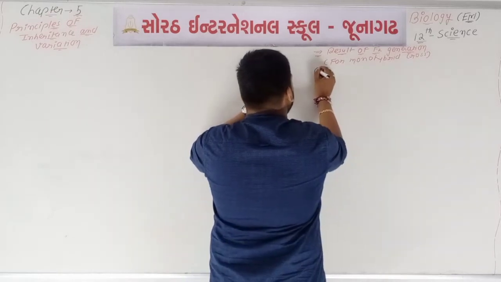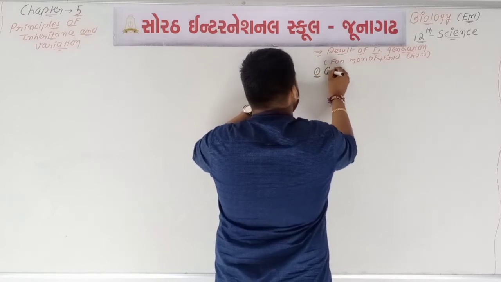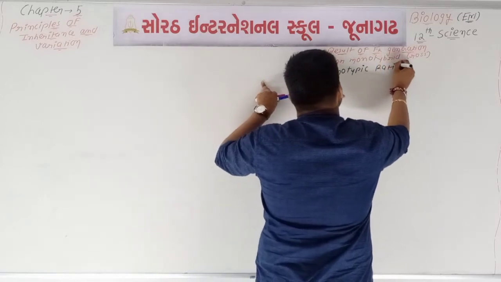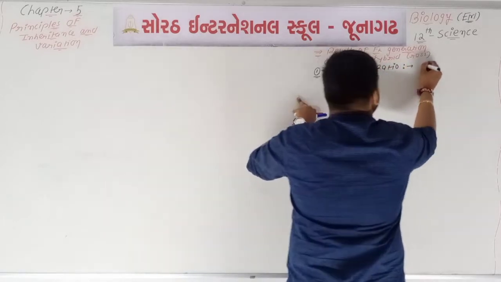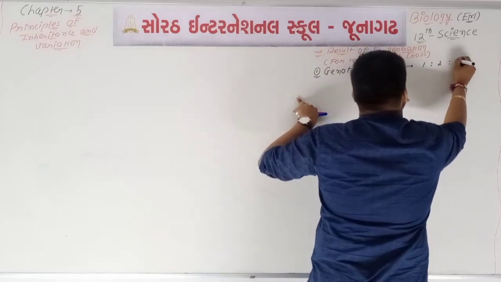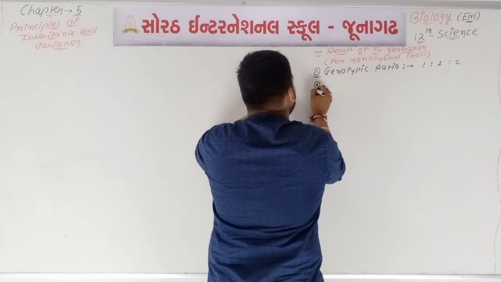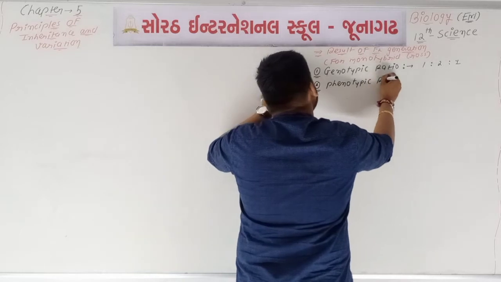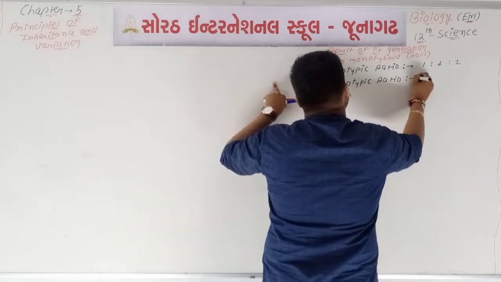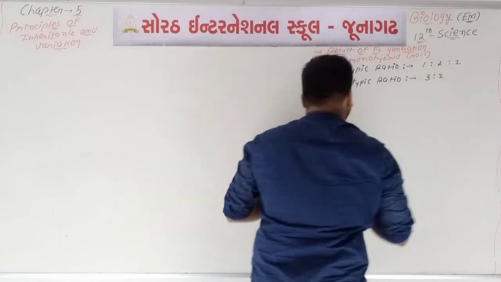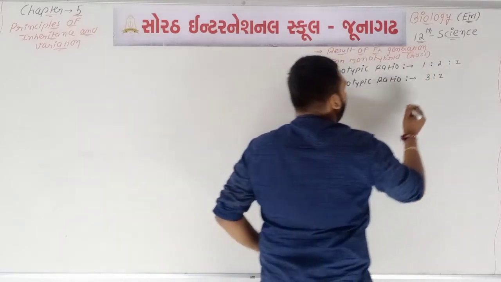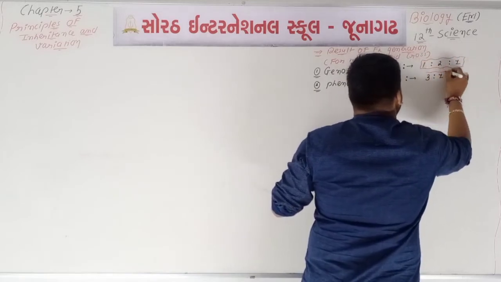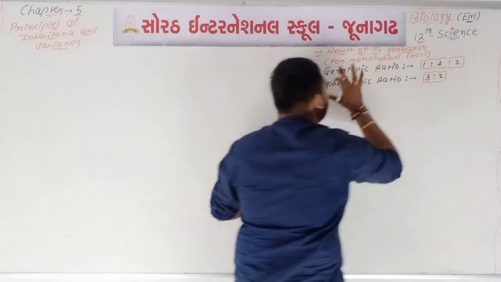The first one is the genotypic ratio, which is 1:2:1, and the second one is the phenotypic ratio, which is 3:1. Both the genotypic and phenotypic ratios are important, because all this type of questions are dependent upon both.